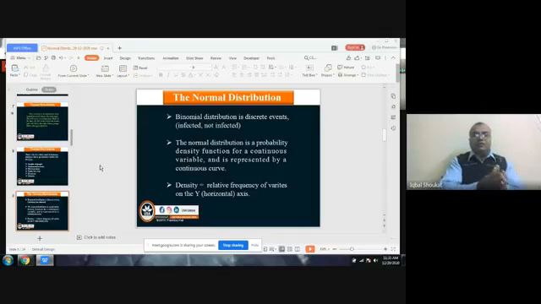The density is the relative frequency on the vertical axis. As I told, the normal distribution is widely used in the calculation of the height of people, measurement errors, blood pressure, IQ scores, salaries and wages.